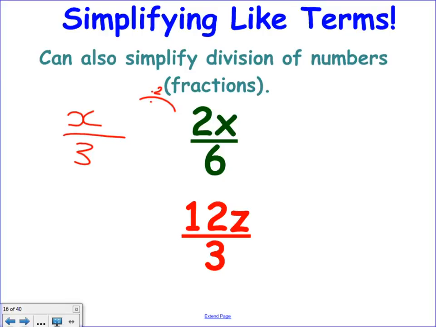If I divide the top and the bottom by 3, I end up with 4z over 1. What haven't I done? I haven't written that, because Bradley knows that anything divided by 1 is just itself. 25 divided by 1 is 25. A divided by 1 is just A. So when you get these questions, they're trying to trick you into putting over 1 or 1x. So that's 4z, because both the numerator and the denominator divide by 3.